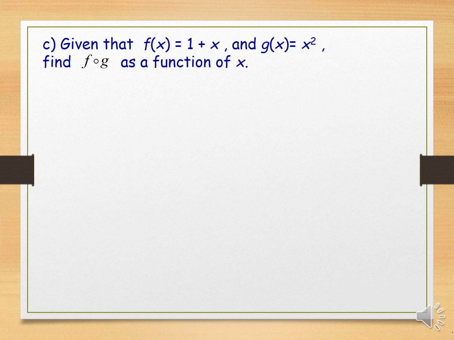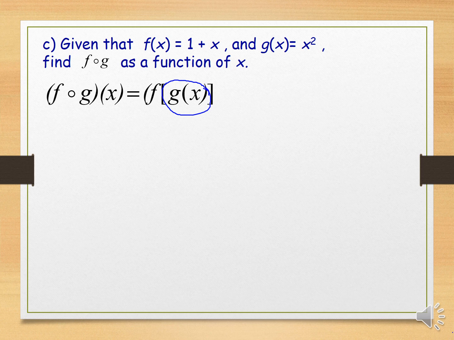Given that f(x) equals 1 plus x and g(x) equals x squared, find f composite g as a function of x. (f ∘ g)(x) equals f(g(x)), where g(x) is the input for function f, and g(x) equals x squared.